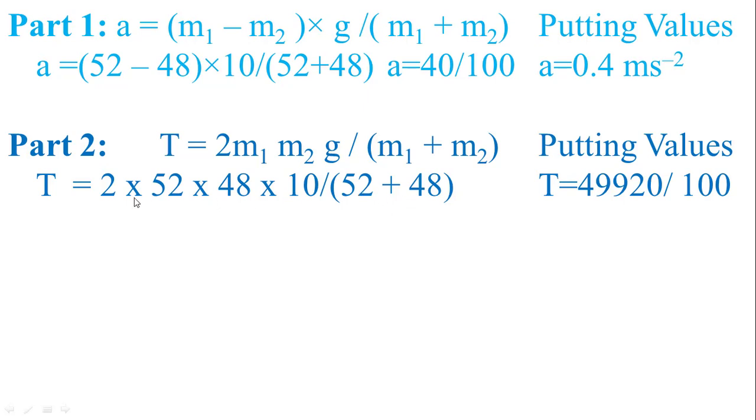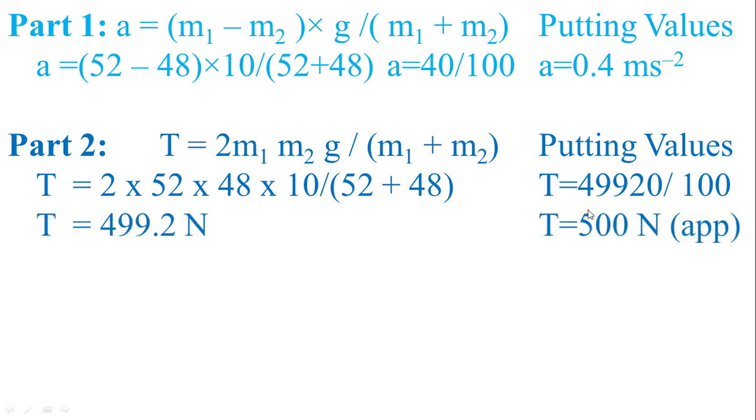Then 52 multiplied by 2 multiplied by 48 multiplied by 10 is equal to 49,920 upon (52 plus 48) 100. So T is equal to 49,920 divided by 100. Tension T is equal to 499.2 Newton, that is approximately equal to 500 Newton.